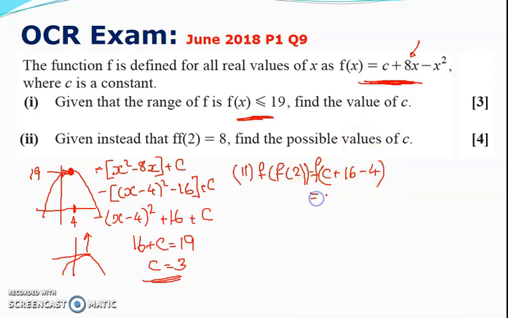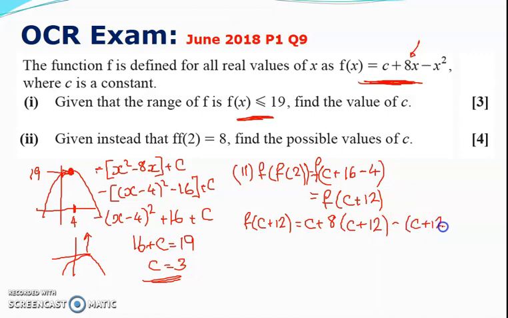So I now have f of c plus 12, which basically means I put c plus 12 back into this. Okay, let's do it. So f of c plus 12 equals c plus 8 lots of c plus 12 minus (c plus 12) squared. And it tells me in the question that equals 8.